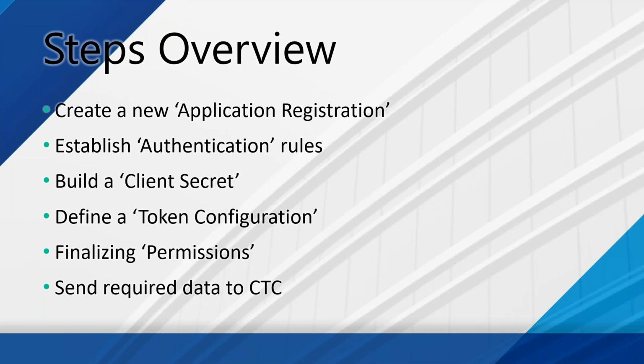It's only slightly different if you're using Okta or some of the other tenants, but the terminology is very similar. Application registration, we need to establish the authentication rules. We're going to build a client secret, define a token configuration. We're going to finalize some permissions, and then you send the required data to CTC. All told, for most companies, this is 5 minutes. It really takes 5 minutes.